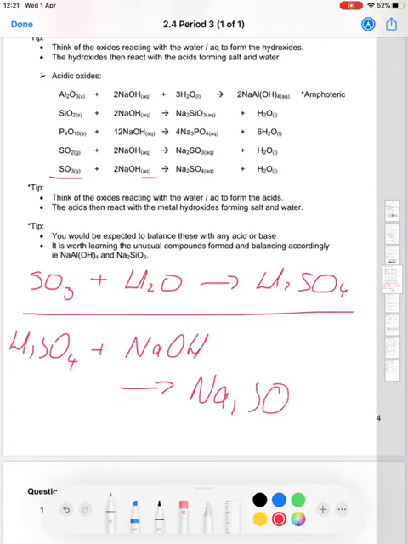Don't forget to make sure that you get the formula correct by balancing the ions, and we get water left over.